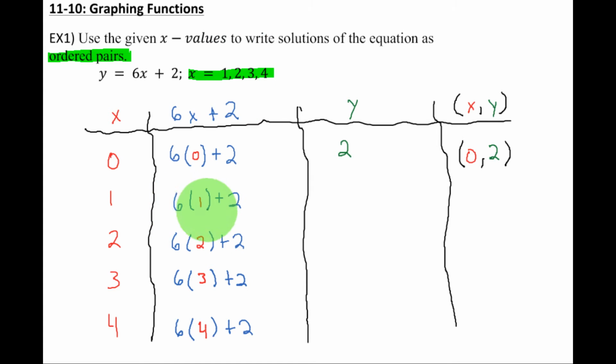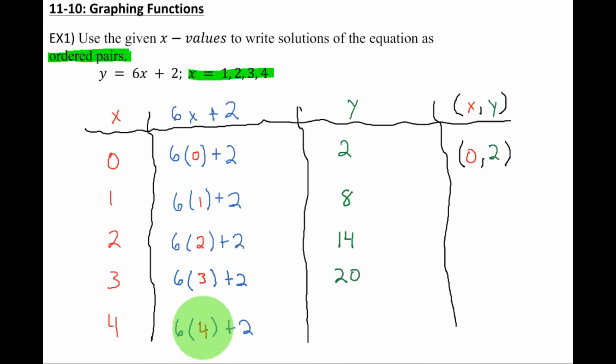Okay, so 6 times 1 gives me a value of 6. And then I can add 2 to 6, which will give me a value of 8. 6 times 2 is 12. Plus 2 is 14. 6 times 3 is 18, plus 2 is 20.